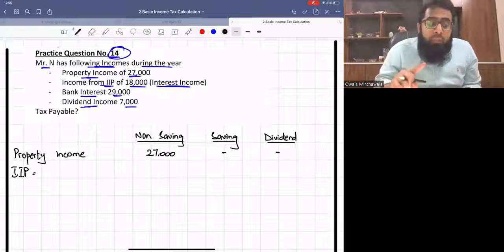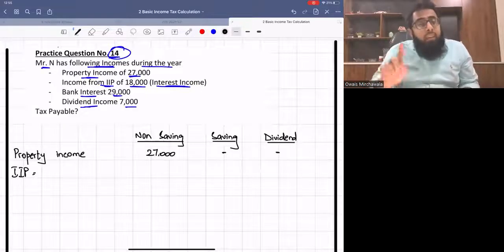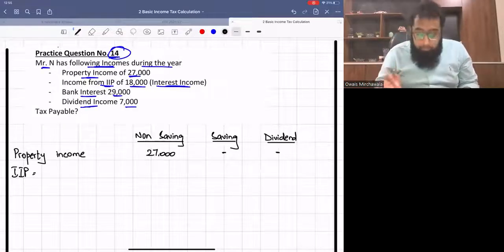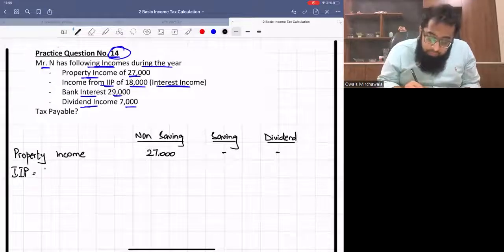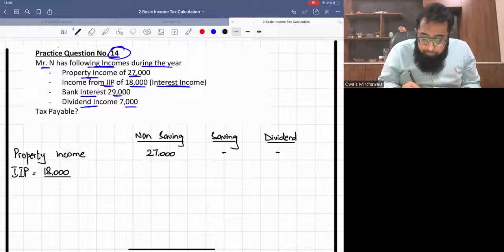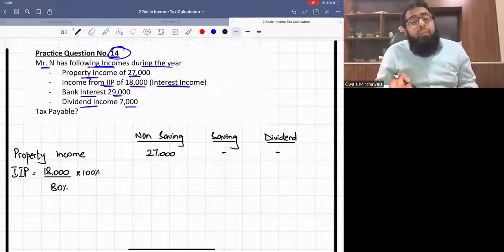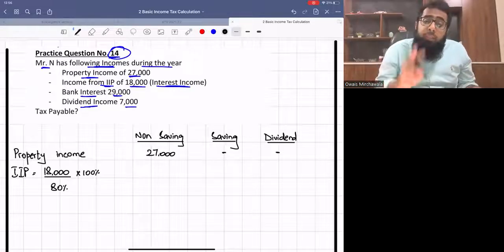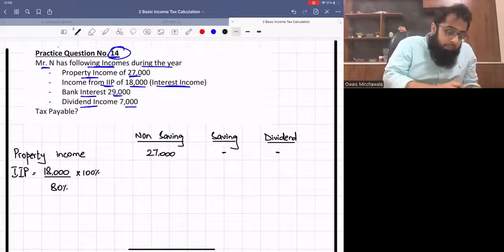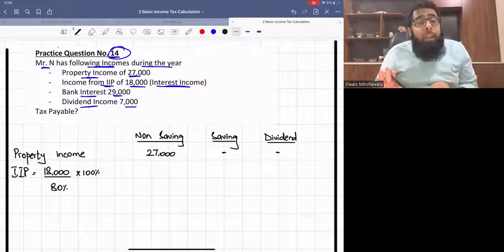If IIP earns from non-saving or saving sources, we classify it as a non-saving income and withholding tax is 20%. I will repeat it again. Now, this is the rule we studied 2 classes back.